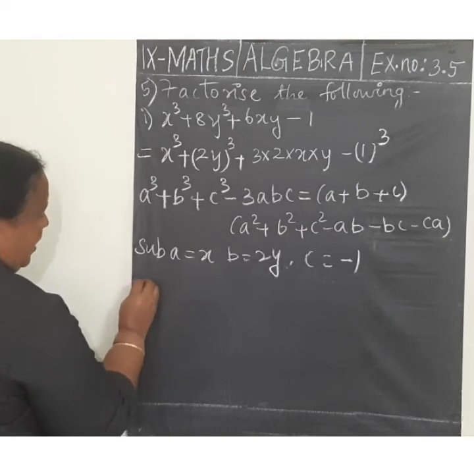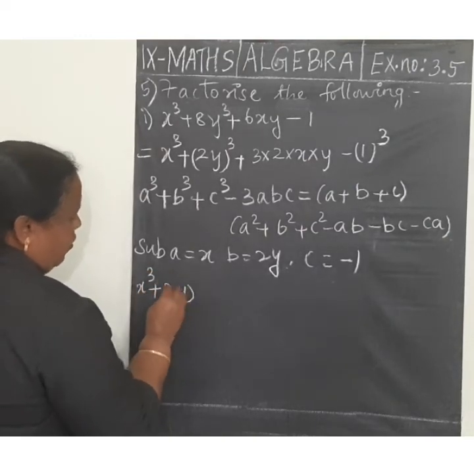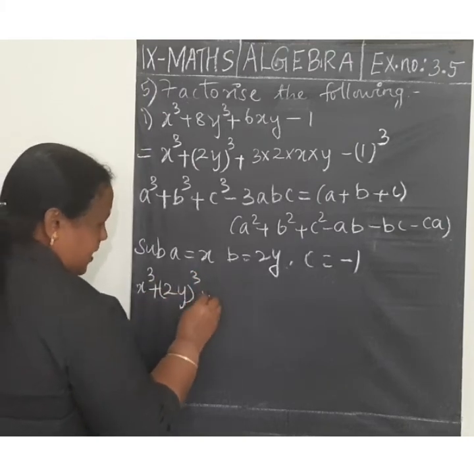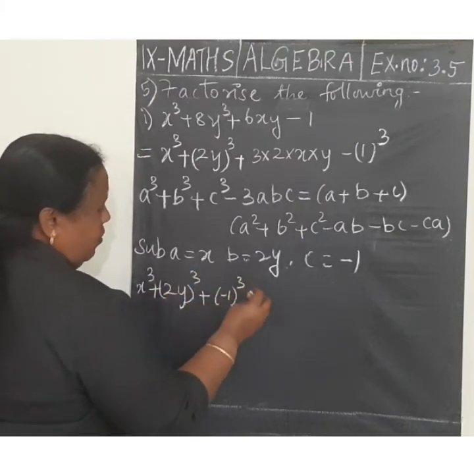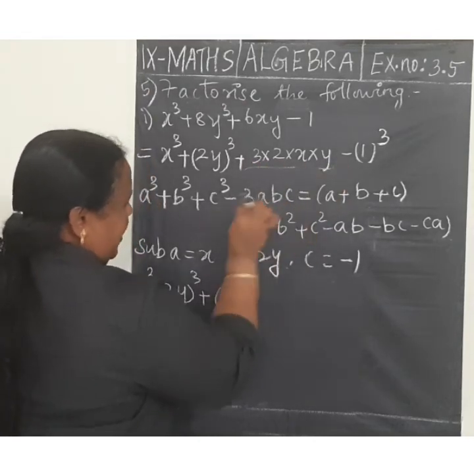So what we get is x cube plus 2y the whole cube plus minus 1 the whole cube. This term we have to make into minus 3abc.